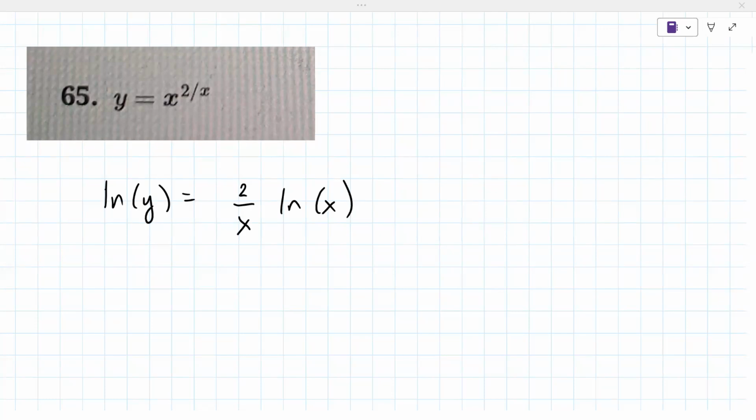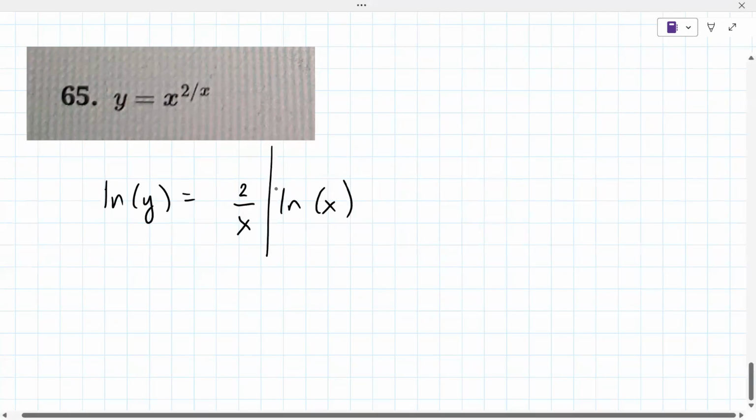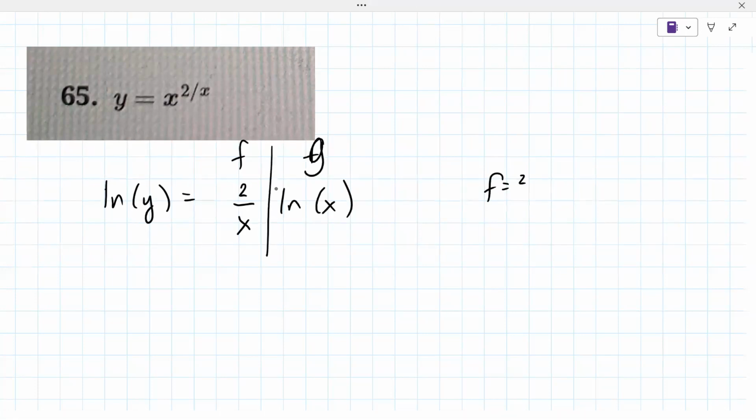So like the 2 to the x is normally up here, but you can bring it out in front. And then on the right, this becomes a product rule problem for the derivative. So your f is 2 over x, your g is natural log of x. So would you calculate f prime and g prime for us, please?